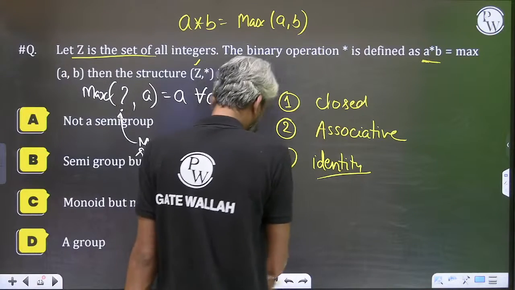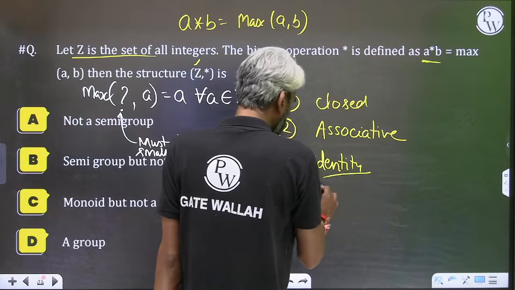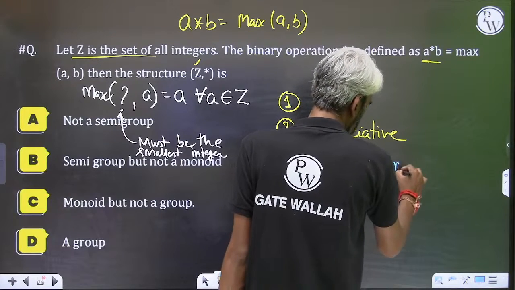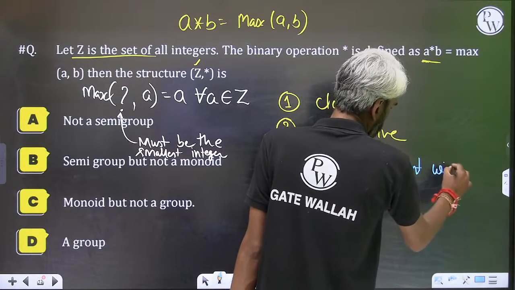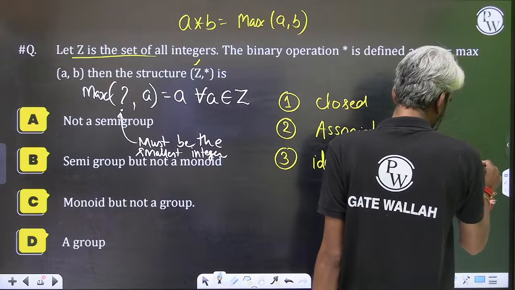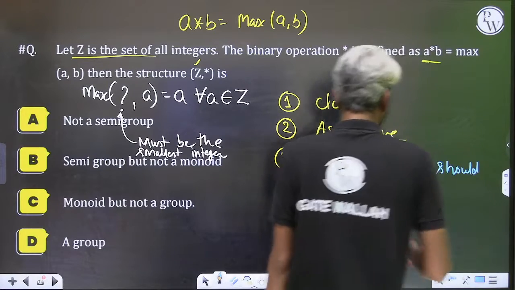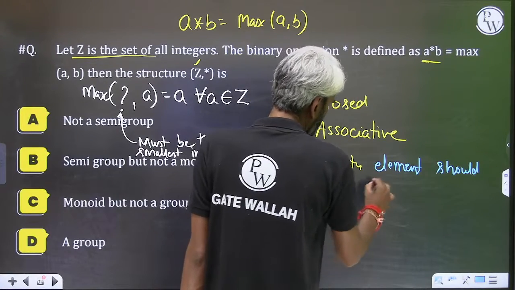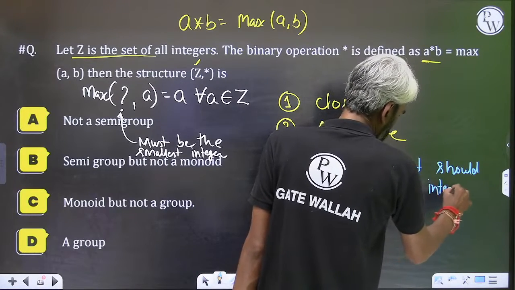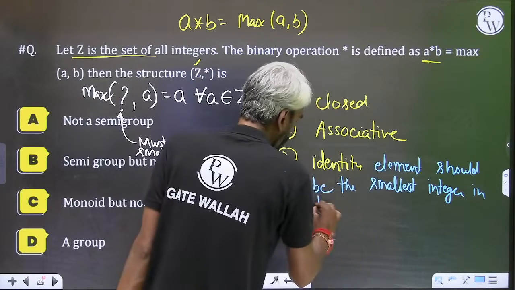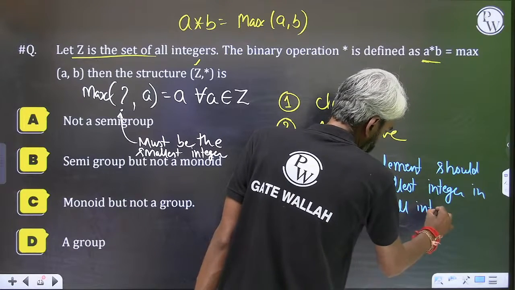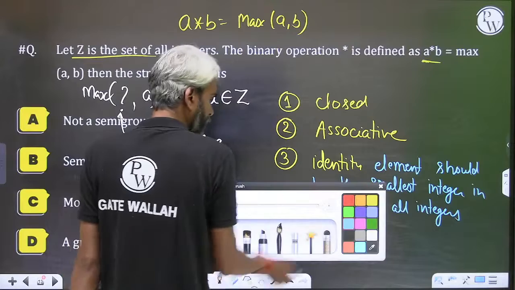So the identity element should be the smallest integer in the set of all integers.